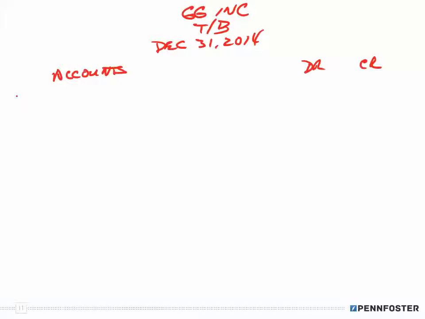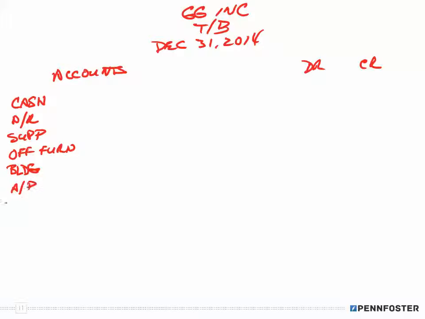All right, so my accounts: I have cash, accounts receivable, supplies, office furniture, and building. Remember, you'd write these out. I'm only abbreviating because it's my homework.